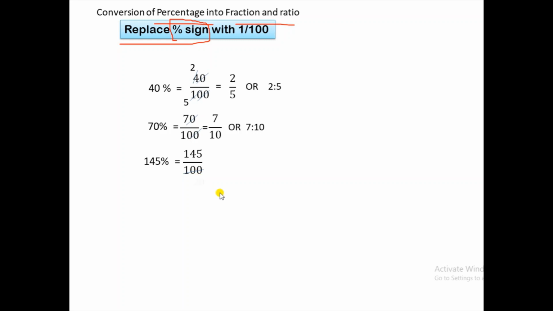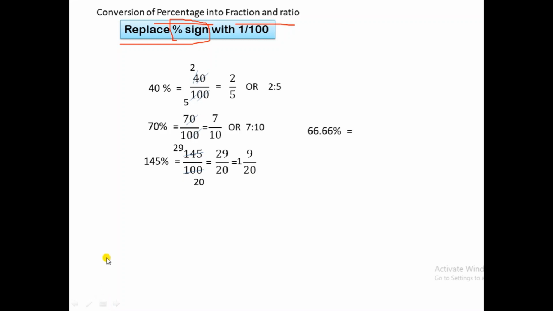It can be divided by 5, so 20 into 5 will be 100, and 145 by 5 is going to be 29. So the simple fraction will be 29 by 20. It can be simplified like this also: 1 and 9 by 20. So 20 into 1 will be 20, plus 9 will be 29 by 20.